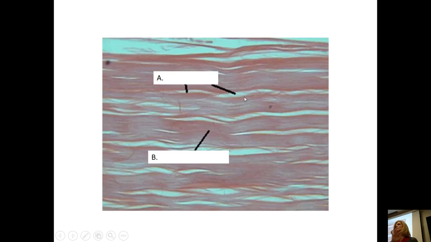Those are the cells that make the protein, the collagen in this tissue. So these red bands here are all collagen fibers. That's what letter B is pointing to, the collagen fibers. So now not only do you have to know the name of this tissue, but you have to know the details within that tissue. And that's fibroblasts and collagen fibers. So the fibroblasts are the cells that make collagen.